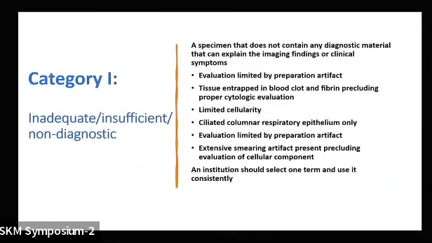This is the first category, which is non-diagnostic. What it means is that the specimen obtained has no diagnostic utility and is deemed not useful for further management. Now, there can be many reasons for this.